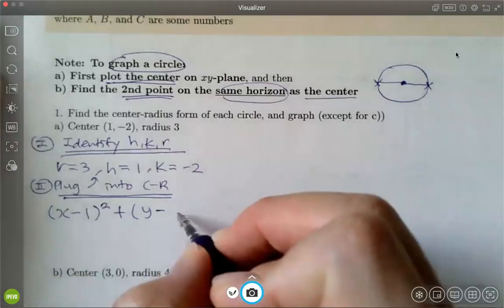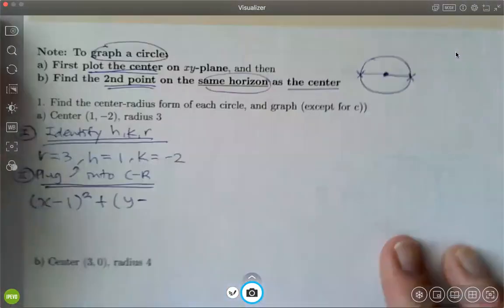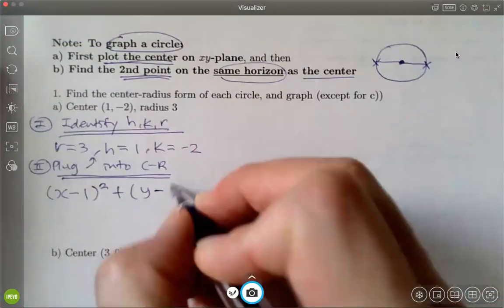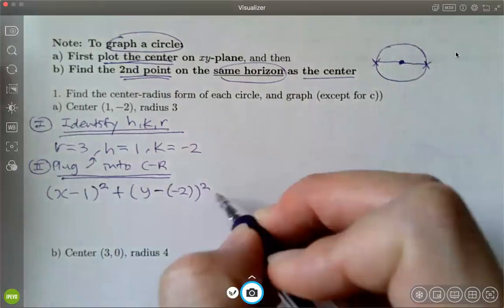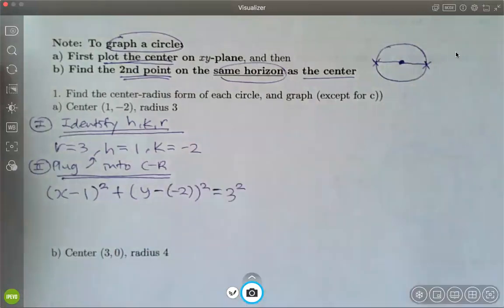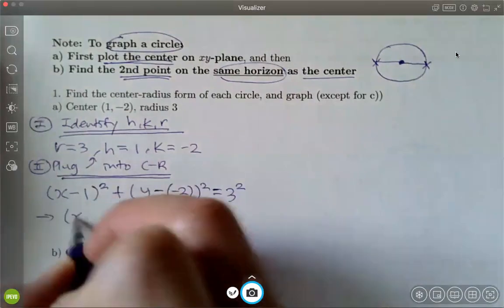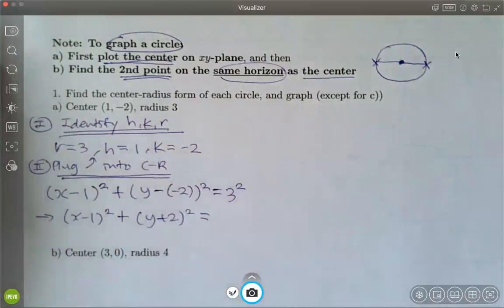Well, it has to have the negative sign as part of the center radius form, but what about here? So it'd be plus 2, right? Because it's Y minus negative 2 squared, right? Okay, is equal to R squared, which is 3 squared. Okay, so how can you rewrite this? So it's X minus 1 squared plus Y plus 2 squared, and then 3 squared is 9, right?